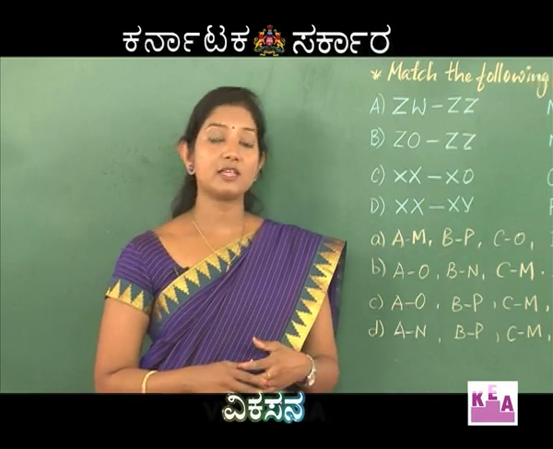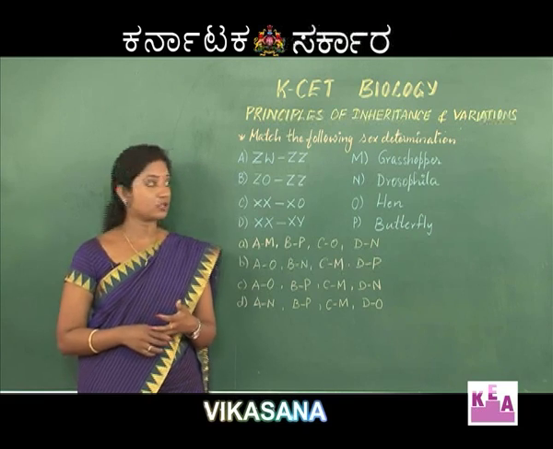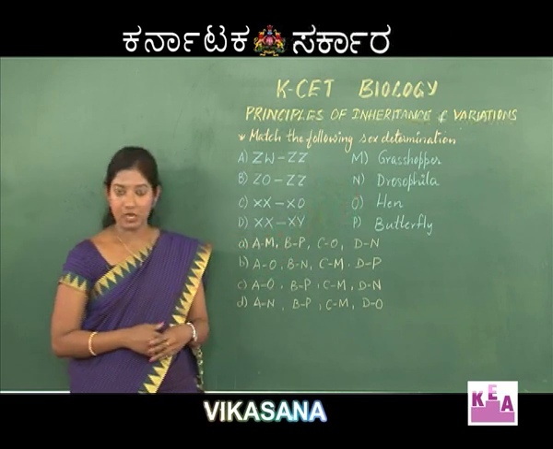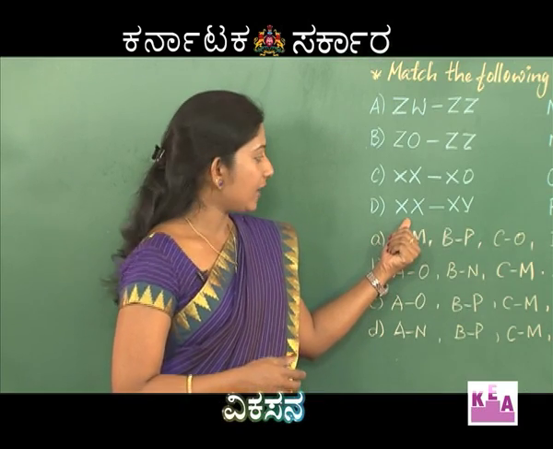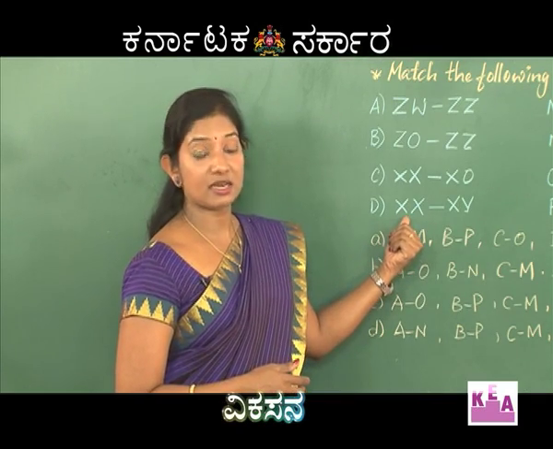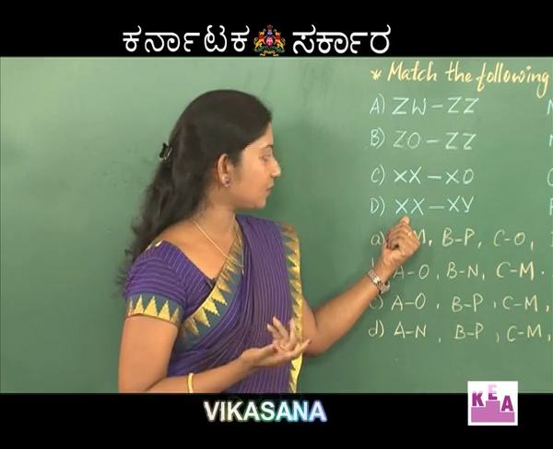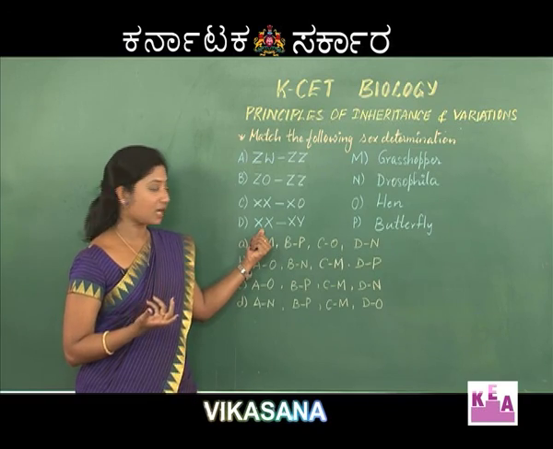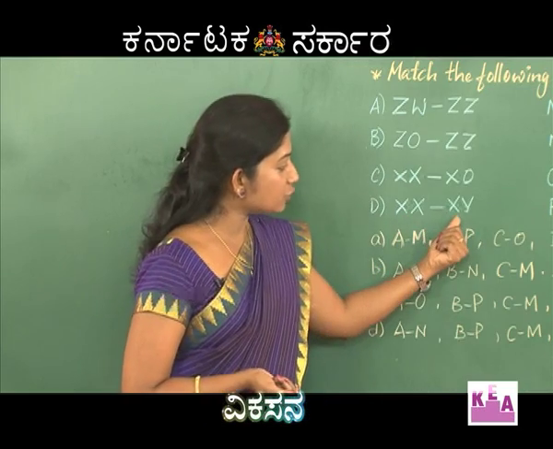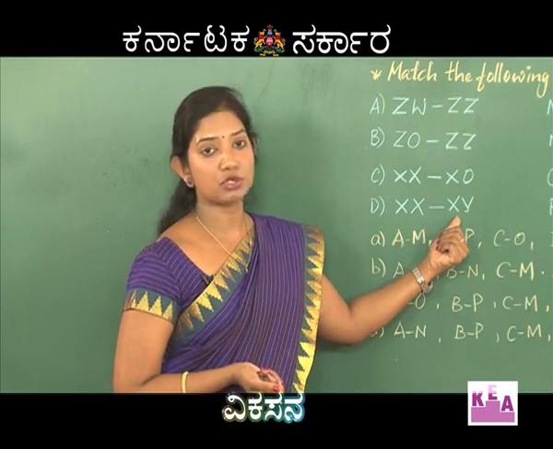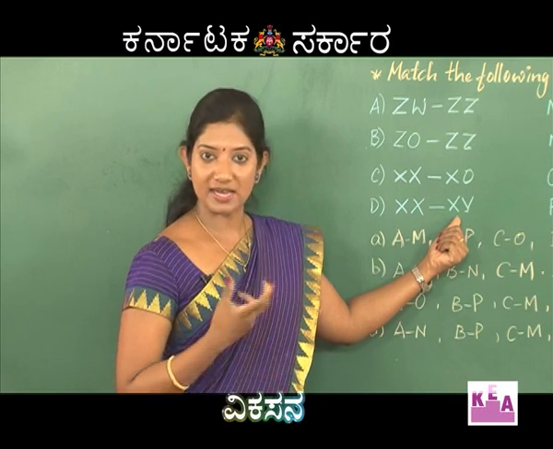This is found in human beings as well as in Drosophila. A female sex is determined when the homogametic condition is prevalent, whereas a heterogametic condition is going to produce a male organism.